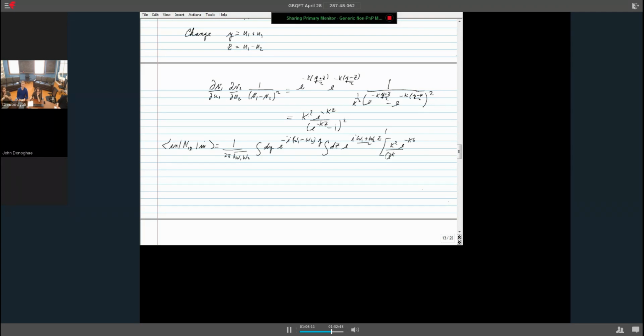The factors of y all disappear if you look at this thing carefully. e to the minus kappa y sits upstairs there. You factor out e to the minus kappa y downstairs. That disappears completely. This just turns into kappa squared e to the minus kappa z over (e to the minus kappa z minus 1) squared.